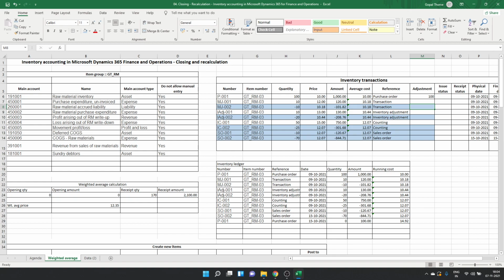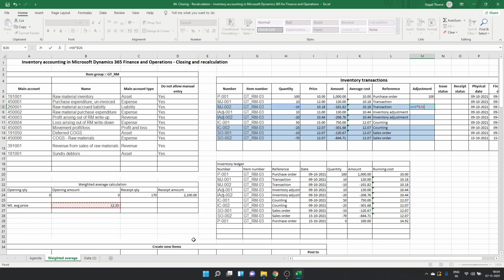So here I have a transaction for this quantity into my cost, which should be this. So this should be the issue cost at the end of month.